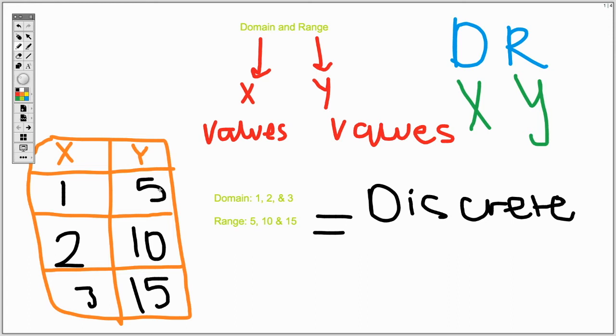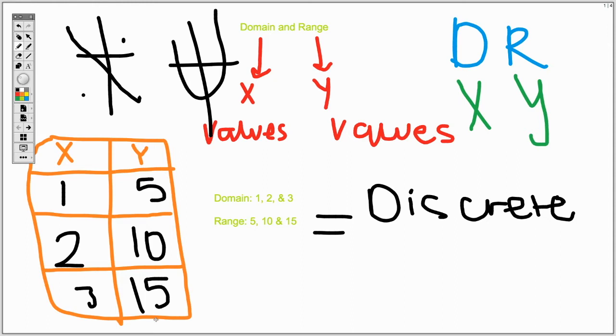Discrete is basically tables, charts, basically a chart where points will be scattered and not connected. The reason that this is called discrete domain is because they aren't connected in a line, or they aren't connected together like that.